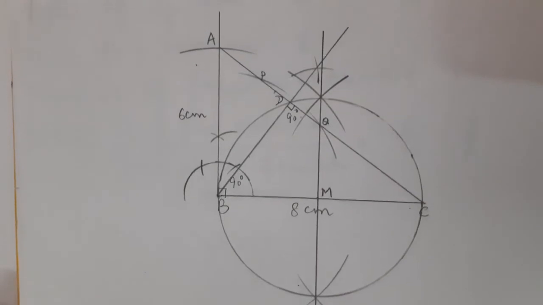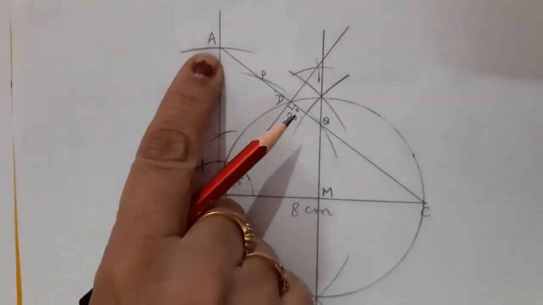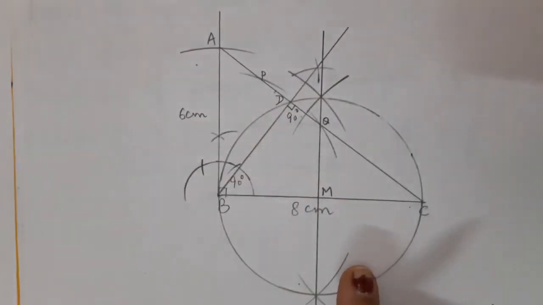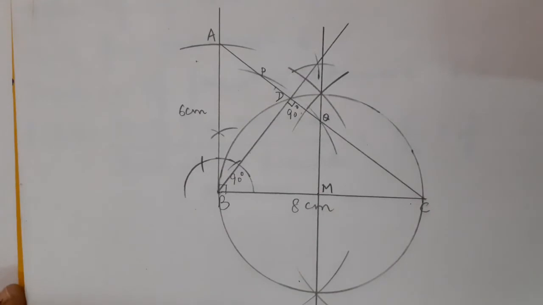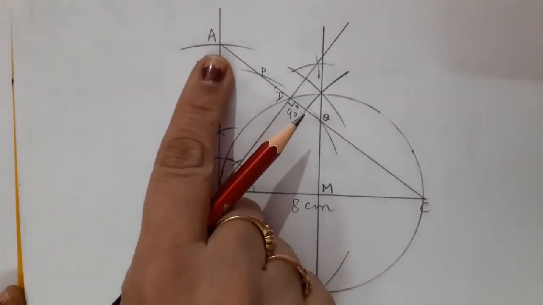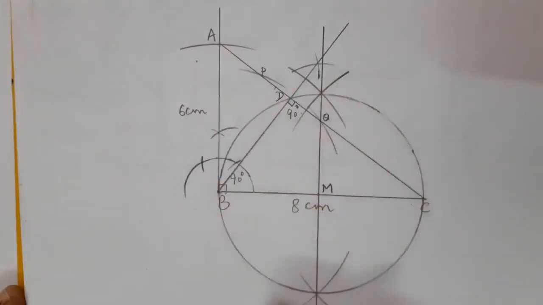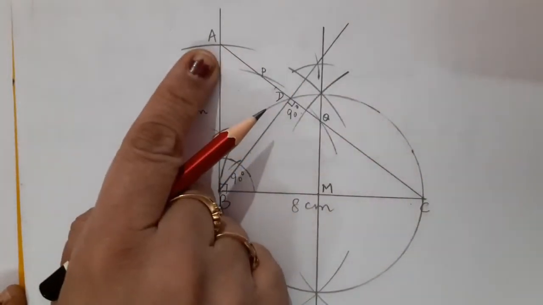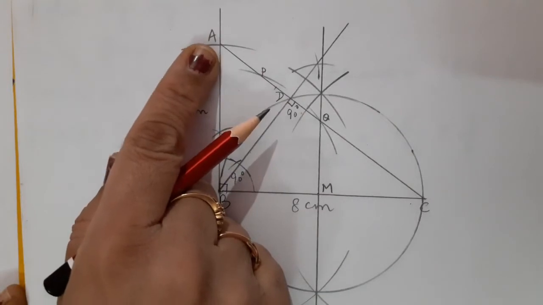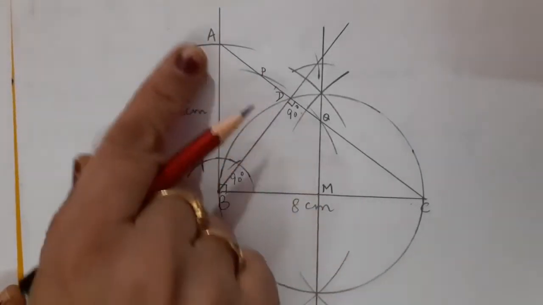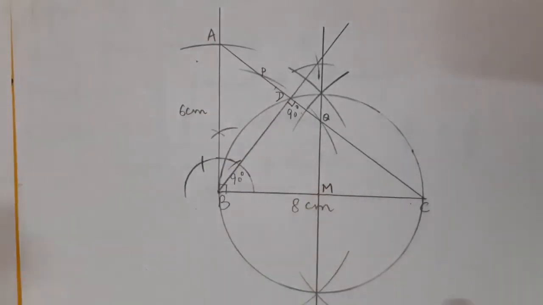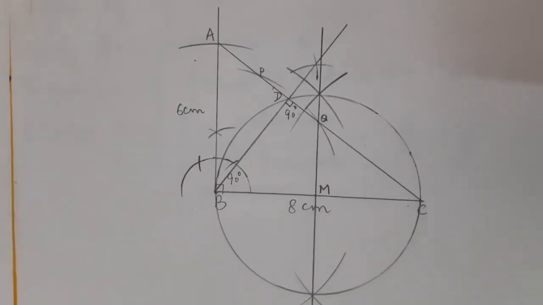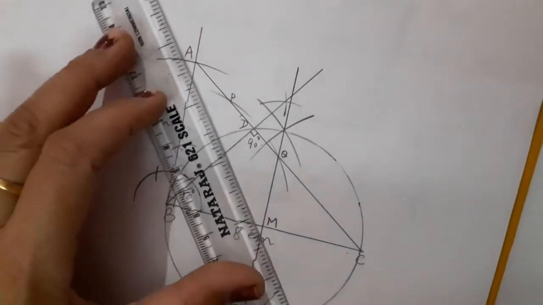Now one more thing we are supposed to do in this question, that is we are supposed to construct the tangent from this external point A to this circle. So let us recall the steps. Whenever we are supposed to draw the tangent from any external point to this circle, we are just going to join that external point with the center point. So let us join A to M.